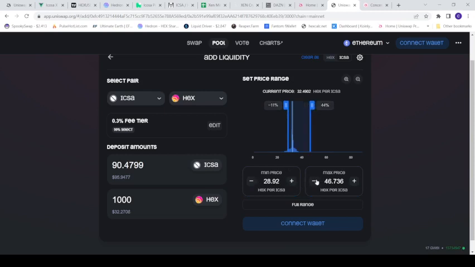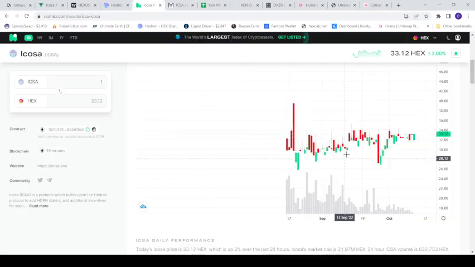So you could go from like 27 to like 37, 28, 29 to 37. And if we look at a chart of it, look, 27 hex per Icosa to like 35.5-ish hex to Icosa.